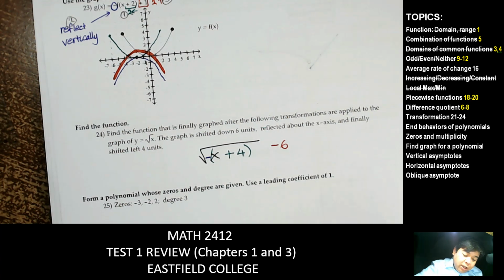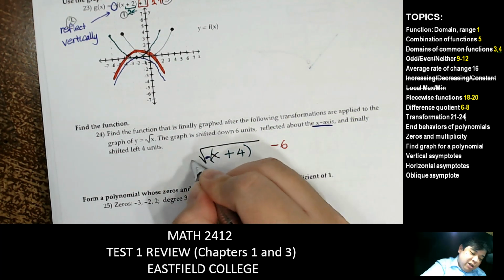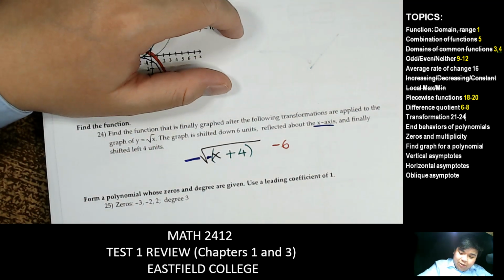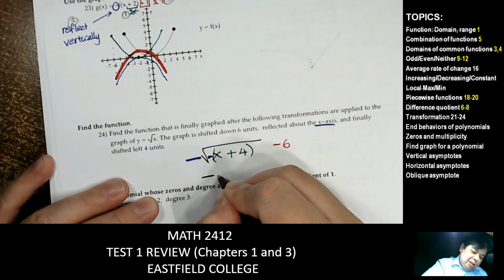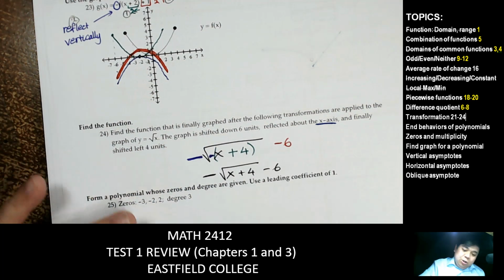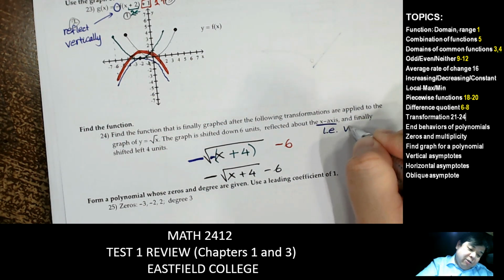Except, I'm sorry, this is reflect about the x-axis, so never mind. The minus is on the outside. So reflect about the x-axis, meaning that is vertically.